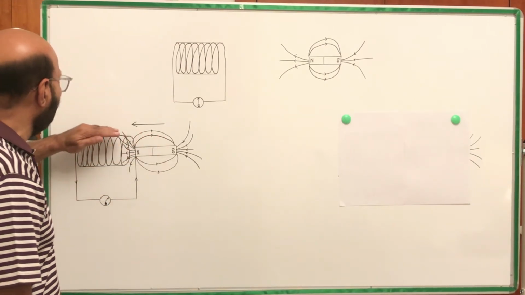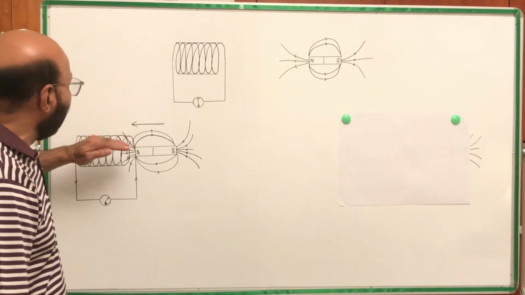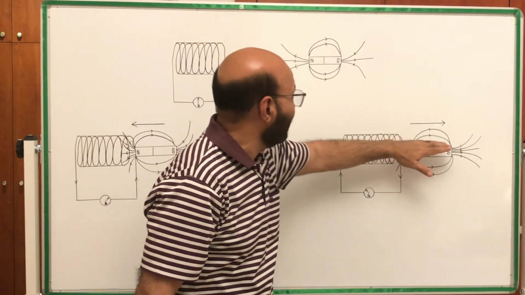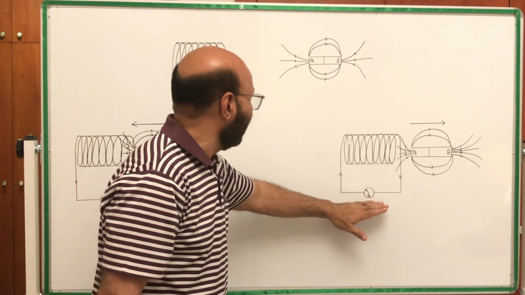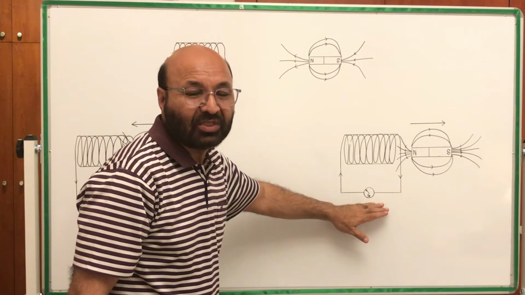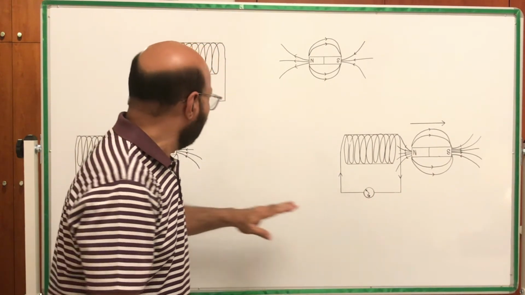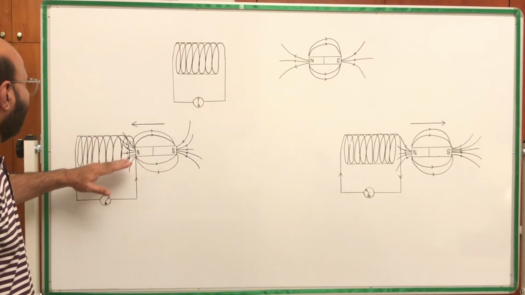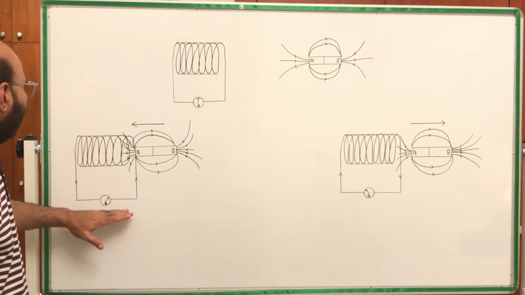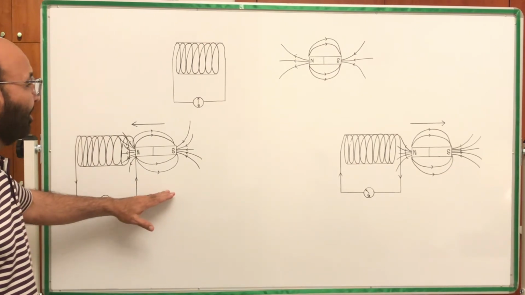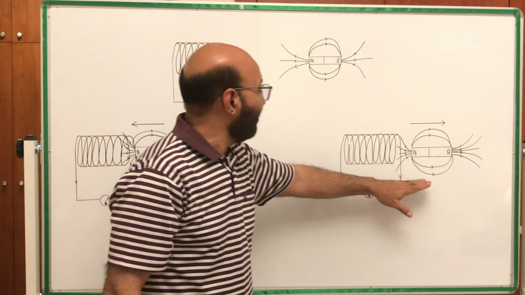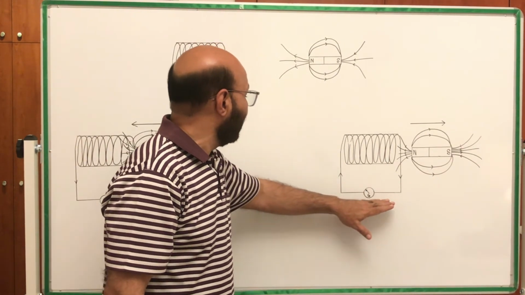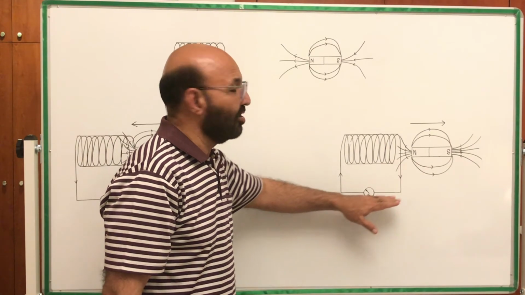He continued the movement, and in the next phase he moved the bar magnet away from the solenoid, and he noticed that there was again a deflection, but in the opposite direction. So in both cases, when he moved the bar magnet towards the solenoid, the galvanometer needle moved one way, but when he moved the bar magnet away from the solenoid, the deflection in the galvanometer needle was against the movement.